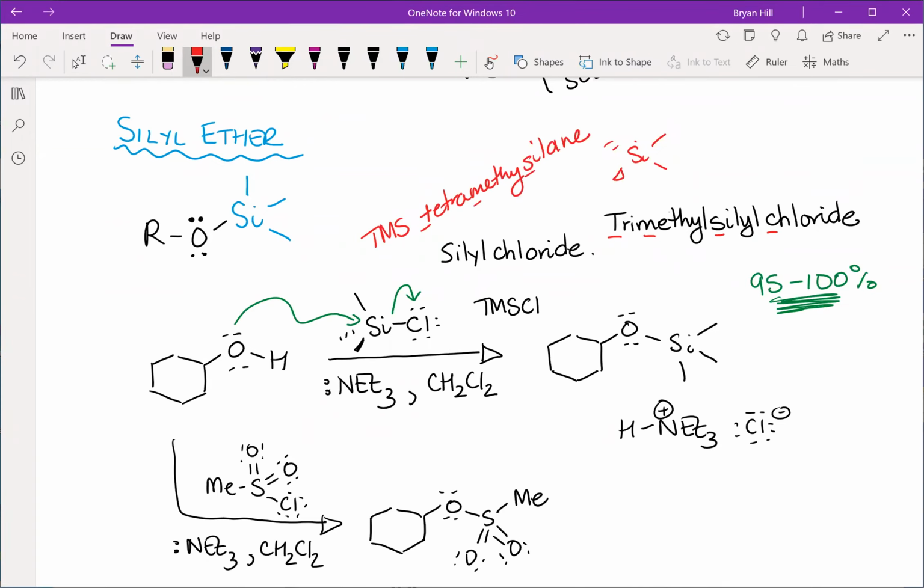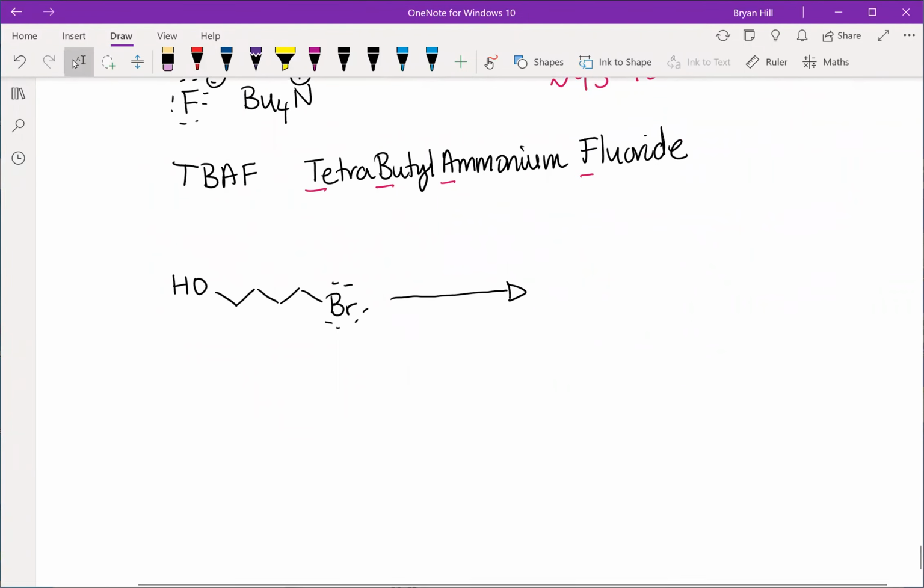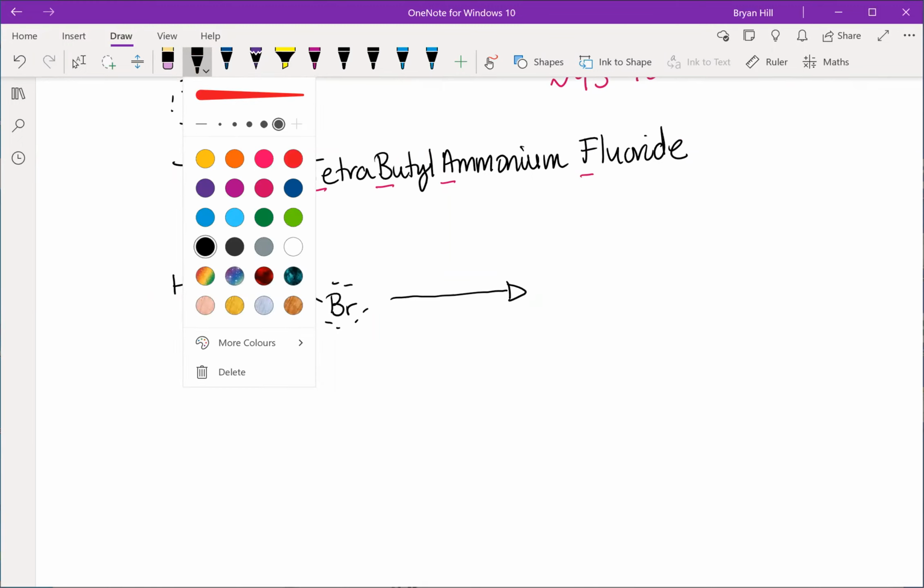Tetramethylsilane was used as an internal standard in NMRs. I don't know if you remember that or not, but just pay attention if there's a chlorine or a bromine or what have you attached to it. So that's the acronym.